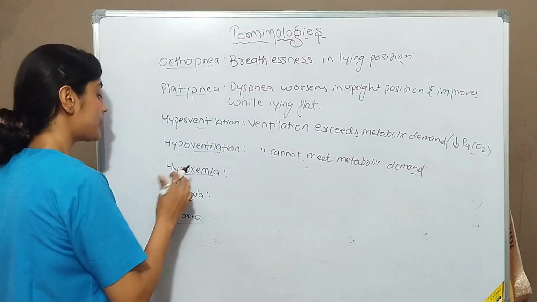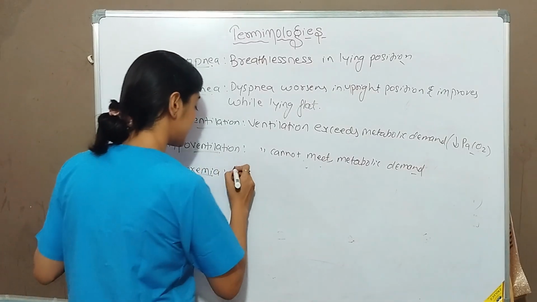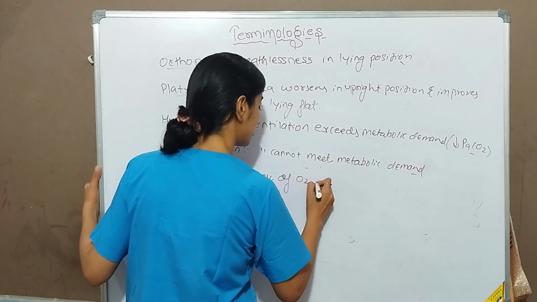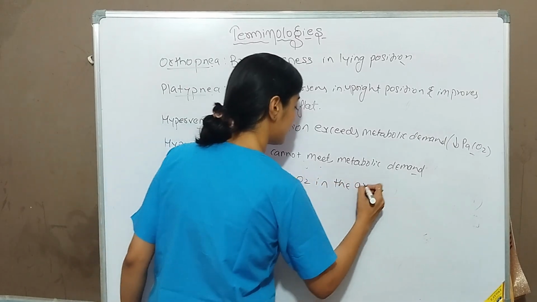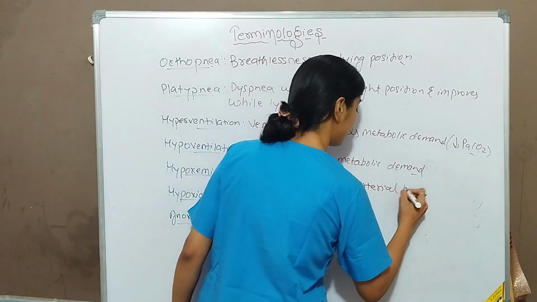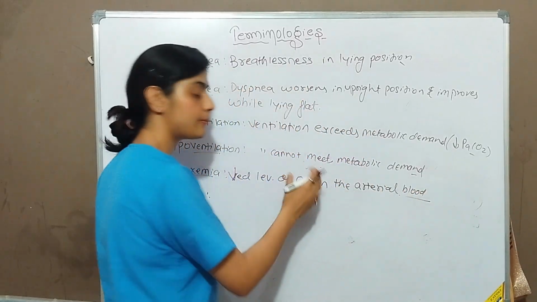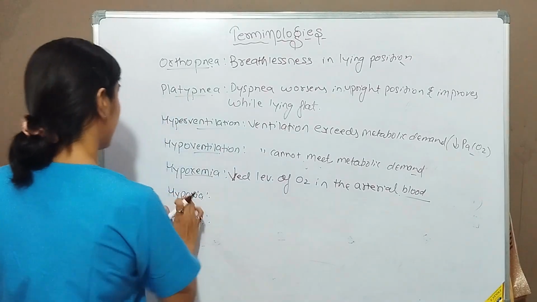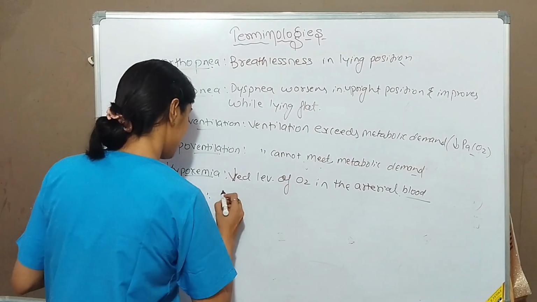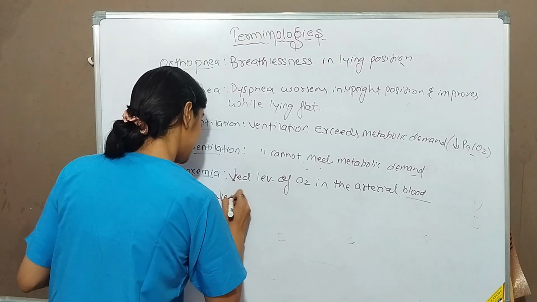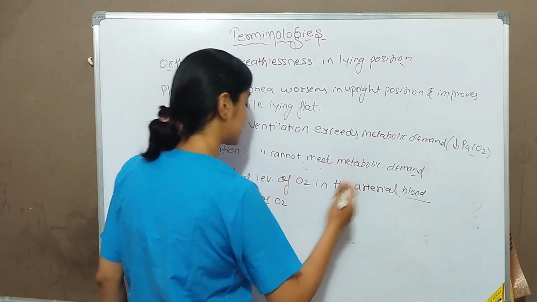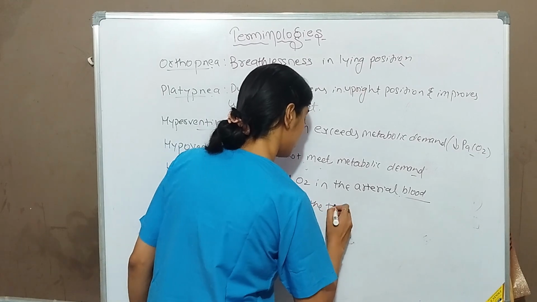Next we have hypoxemia. Hypoxemia means decreased level of oxygen in the arterial blood. Then hypoxia. In hypoxia, there is a decreased level or supply of oxygen in the tissues.